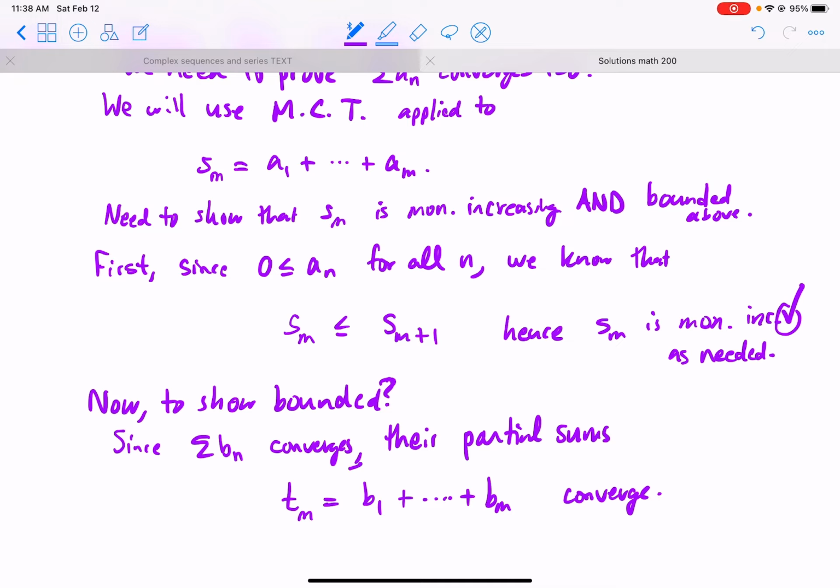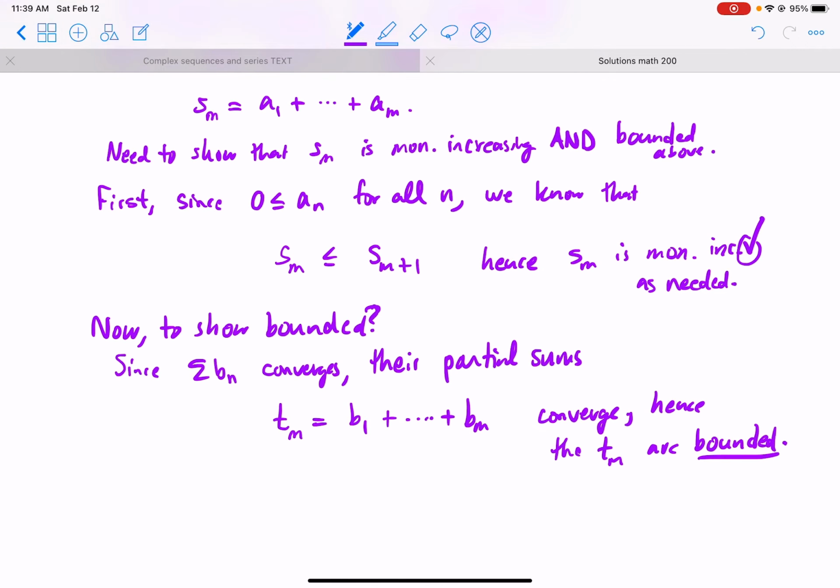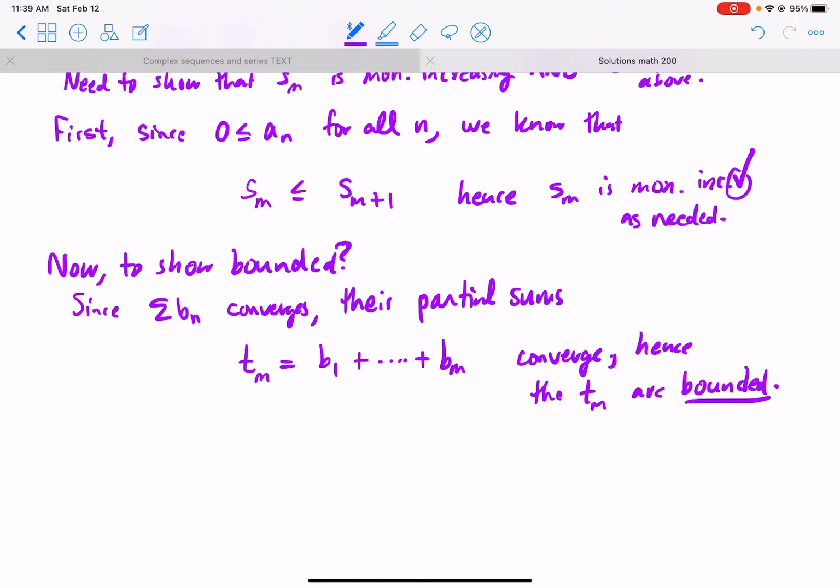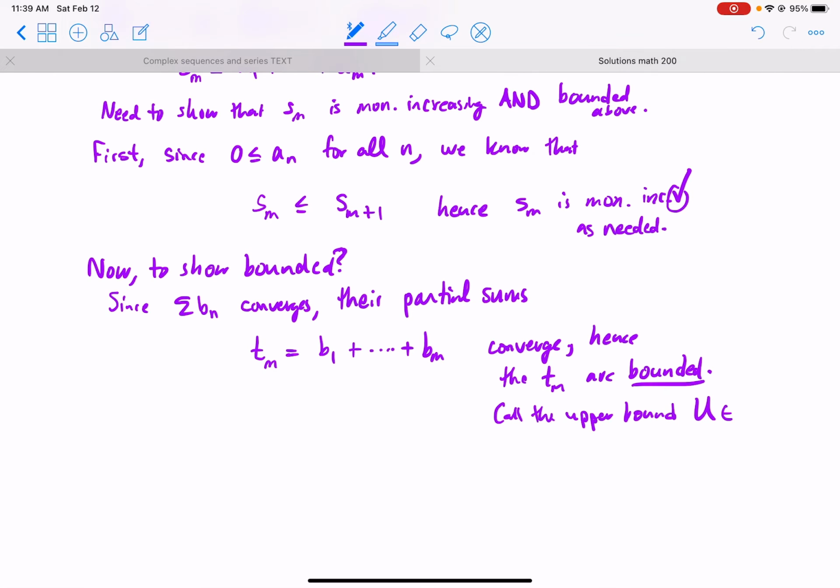That is the definition of an infinite sum converging. It means that their sequence of partial sums converges. Hence, the t_m's are bounded, because we proved that before, that a convergent sequence is bounded. Call the upper bound u for upper bound. It's a real number. And that just means that the t_m's are all less than or equal to u for all m.